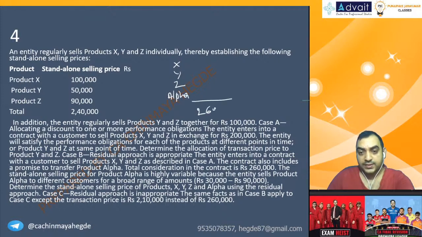Total 2 lakh 60,000. And what X, Y, Z you normally sell, what we just calculated now, X, Y, Z you are selling now for 2 lakh. And 2 lakh 60,000 is X, Y, Z and alpha. Therefore, the balancing figure 60,000 is the residual approach.